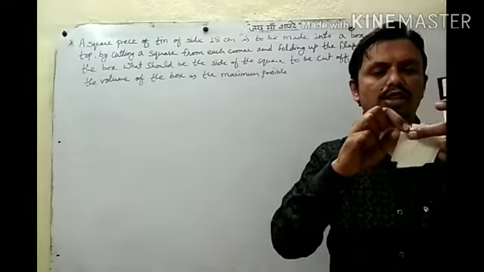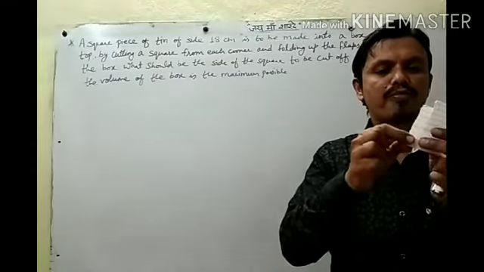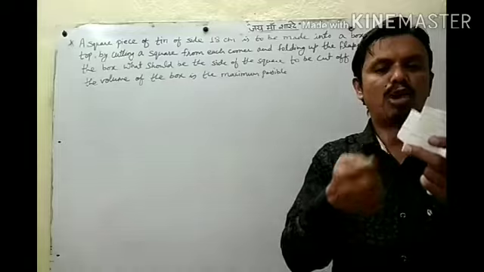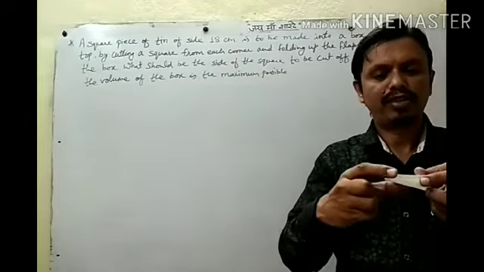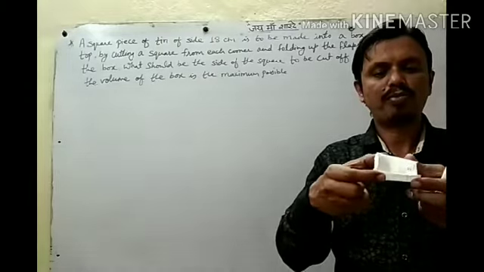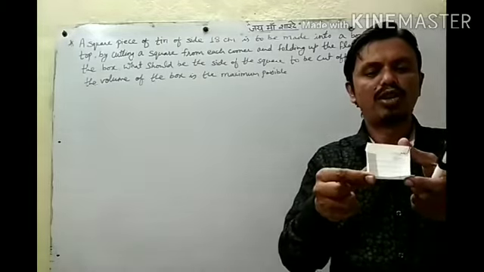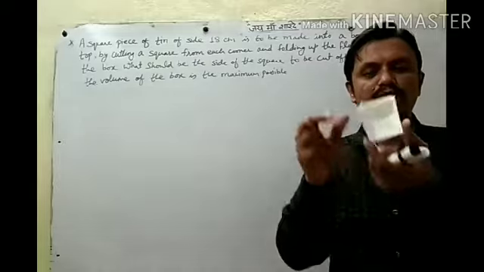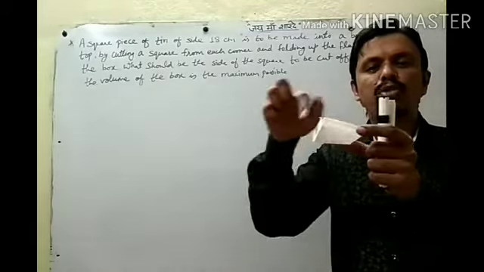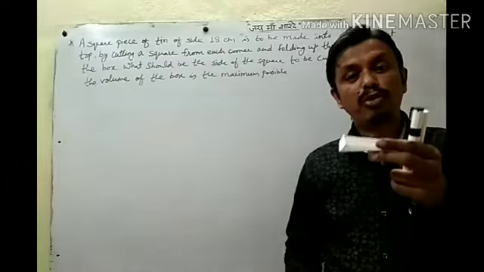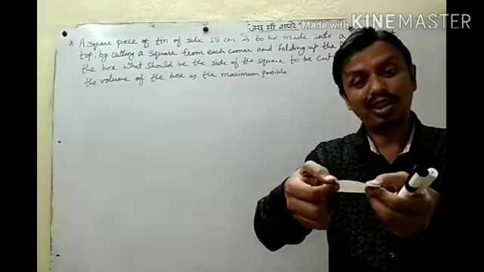Now we have to form one box. So by folding the flaps, we get one box, which is open from the top. Its volume should be maximum. So what will be the side of the square which we have to cut?